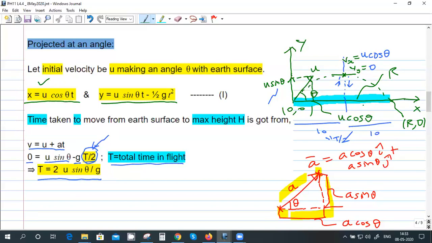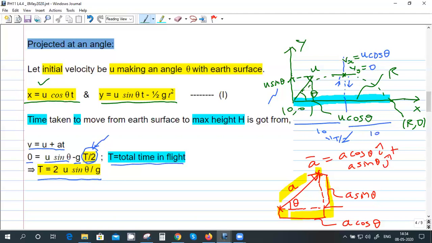Now I want to find this distance, capital R. How do you find the distance? What is the velocity in the horizontal direction? It is u cos theta, and it is constant throughout. The time taken to cover this distance R is capital T, which we found.